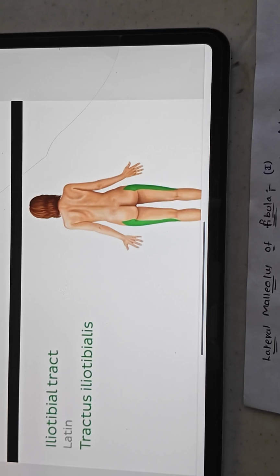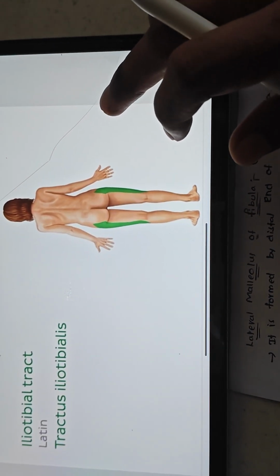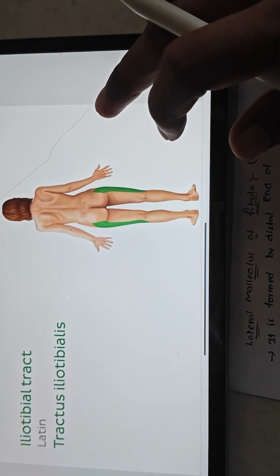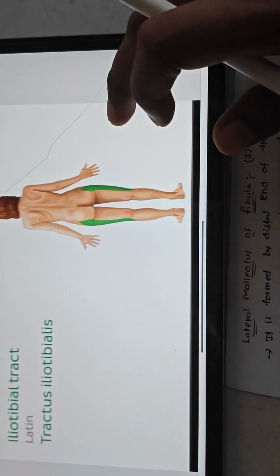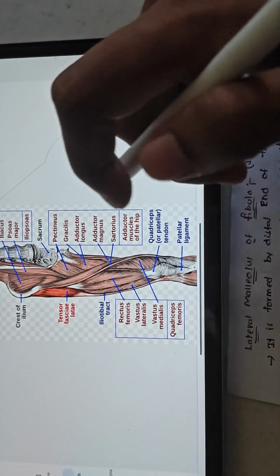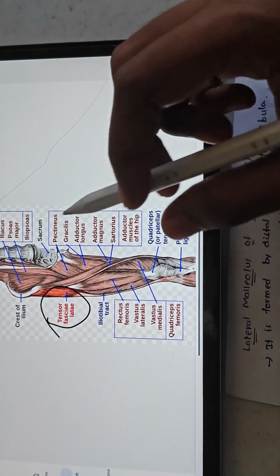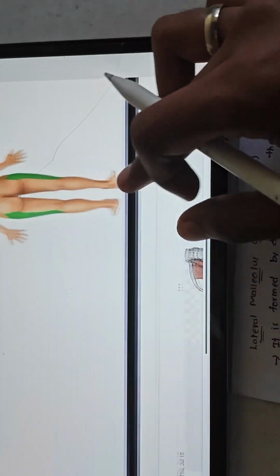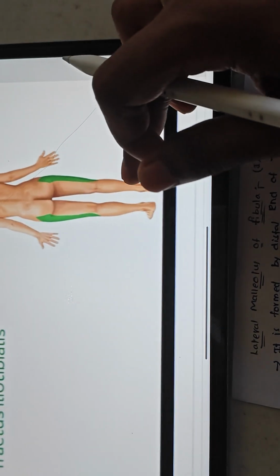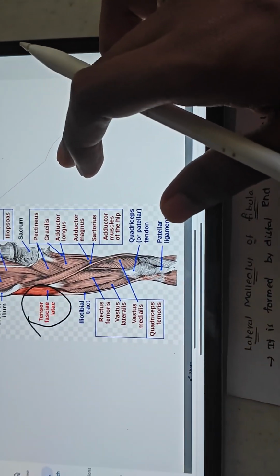Our next landmark is the iliotibial tract, which is a large thick band of fascia, which is a continuation of the tensor fascia latae muscle. In this image you can see this one is the tensor fascia latae muscle.